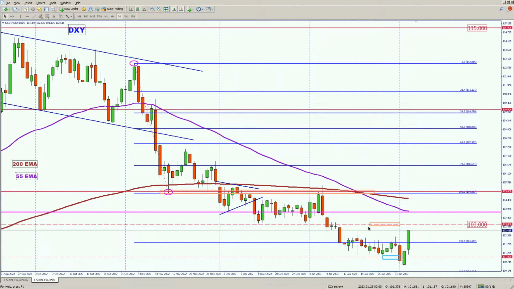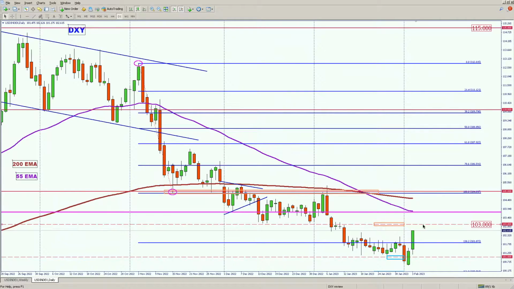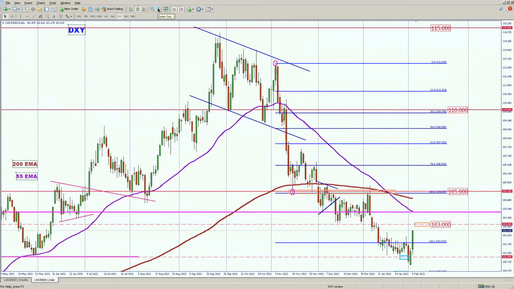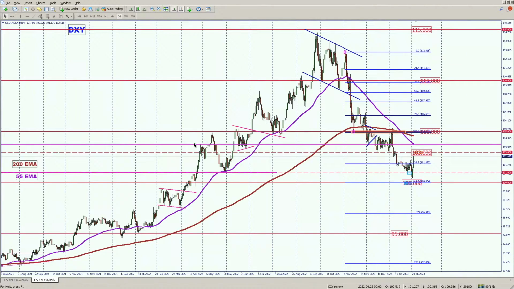So this is now the intermediate resistance at the 103, coming up towards the daily 55 EMA. There was a swing low from the past.